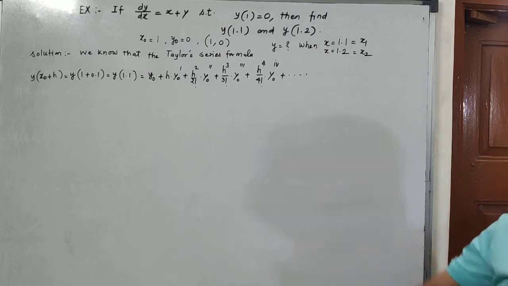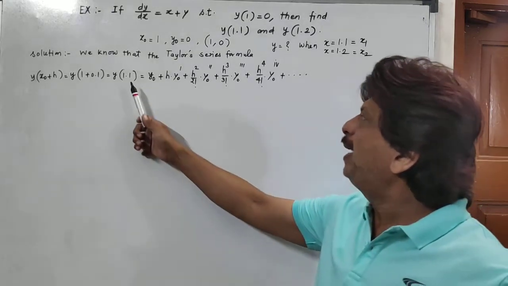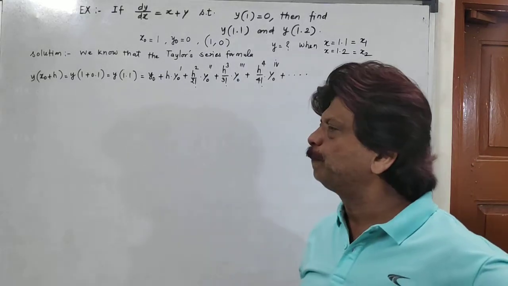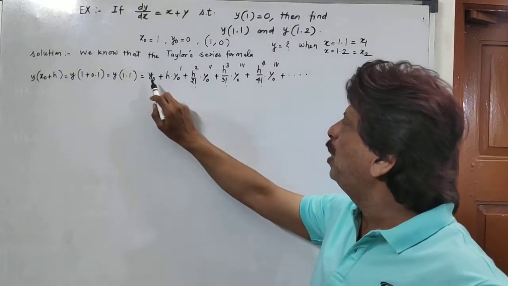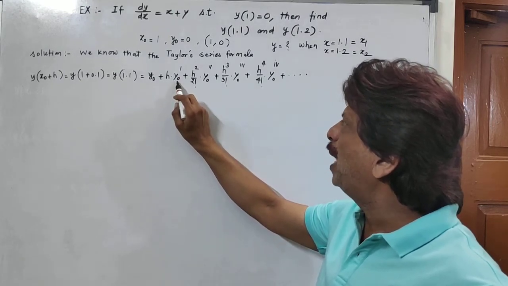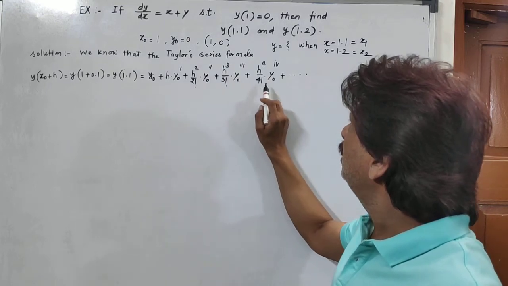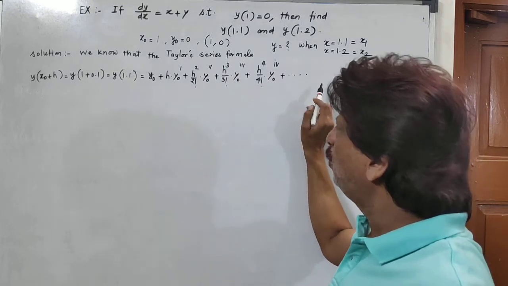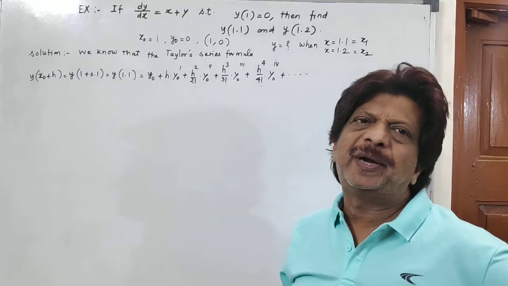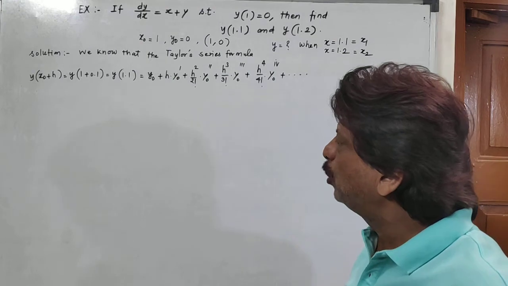This is the Taylor series formula. It gives us the numerical value, approximate of course, of y at x equal to 1.1. So we shall have to calculate y0 dash, y0 double dash, y0 3 dash, y0 4 dash, y0 5 dash subsequently. The question is how to determine these derivatives at y0.